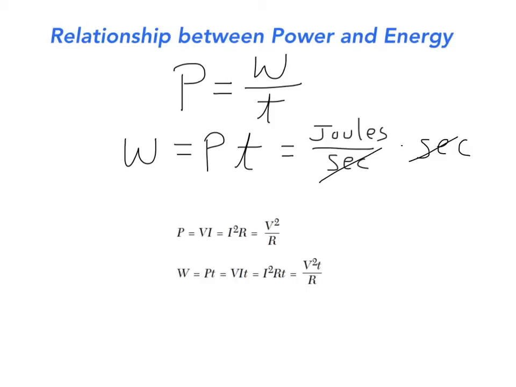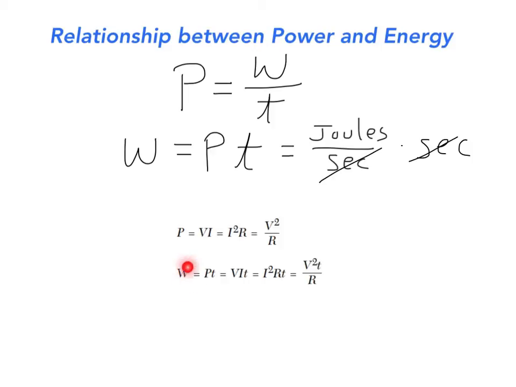Now here's what it looks like on our reference tables. So I have power equals voltage times current, or it's current squared times resistance, or power could also equal voltage squared divided by resistance. Now just like we did up here, work is always equal to power times time. So I could take each of these ways to write power and multiply them times time to get energy.